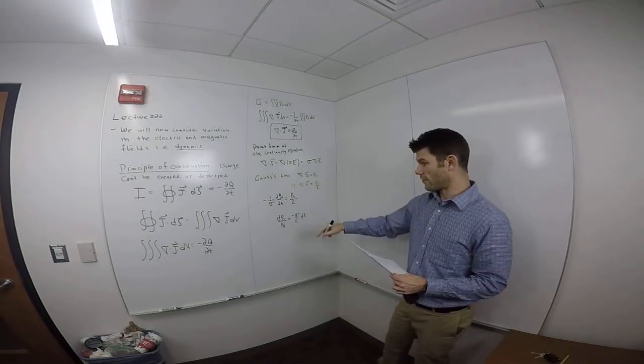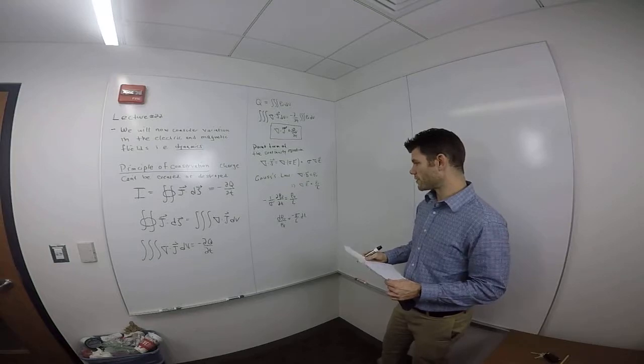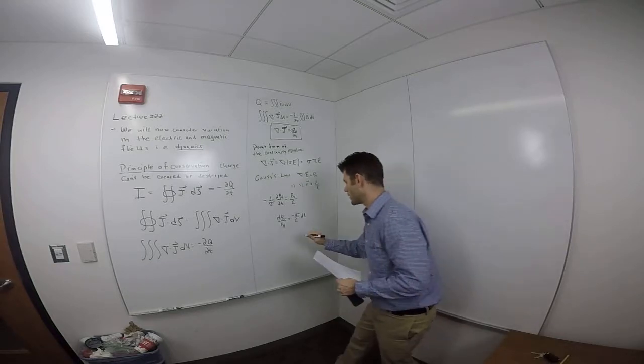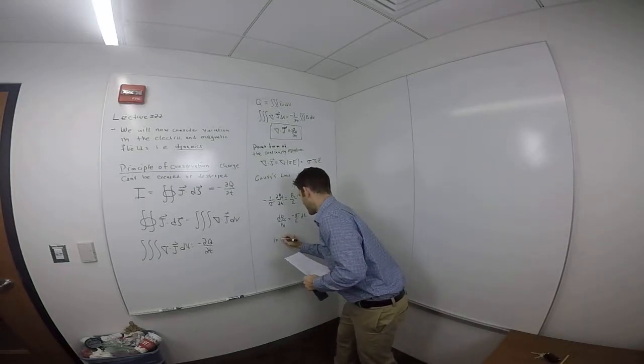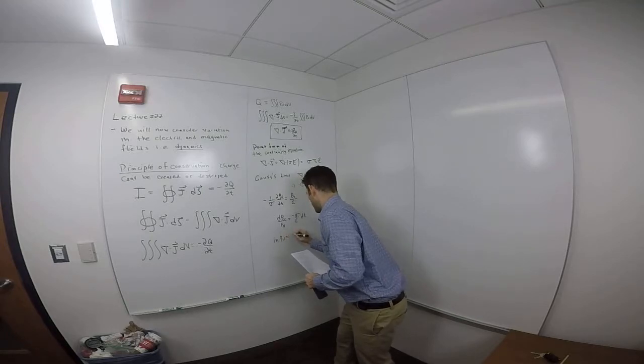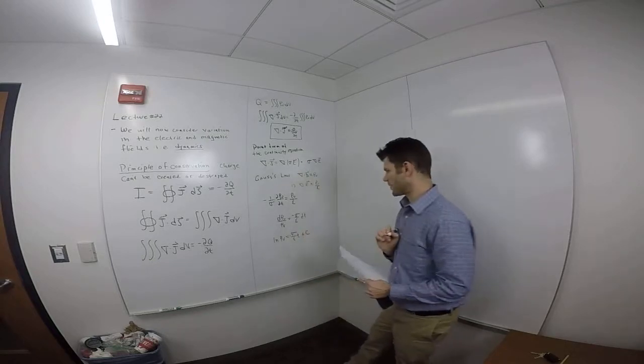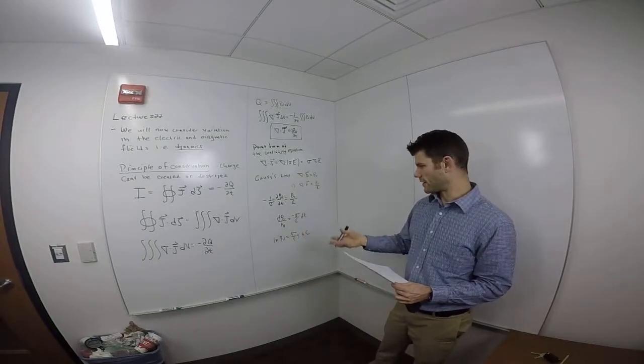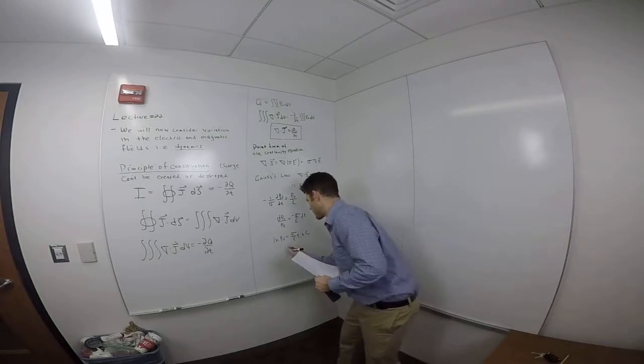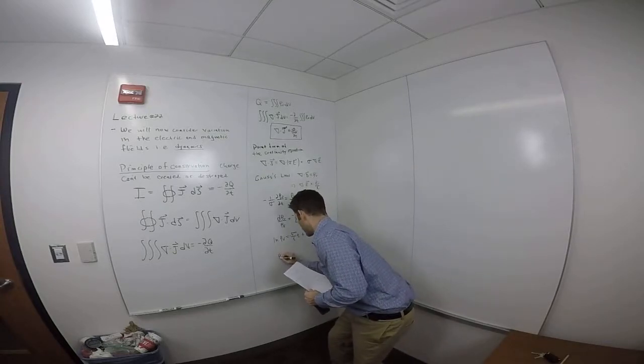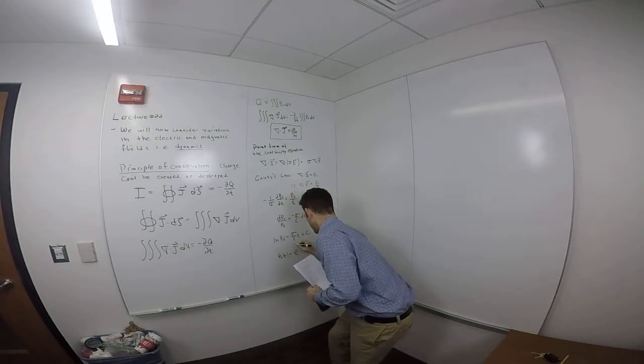So now you see we have a separable differential equation, right? And then we can solve for each side. So we have that ln of rho sub v is equal to negative sigma over epsilon t plus a constant c, okay? Now if I take the exponential of each side, we would get that rho sub v of t is equal to e to the negative sigma over epsilon times t plus c.